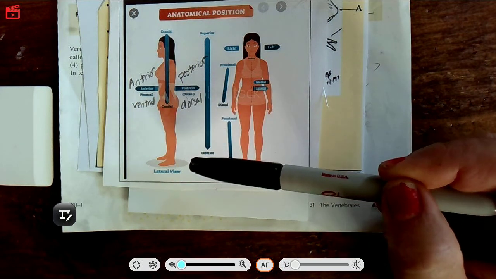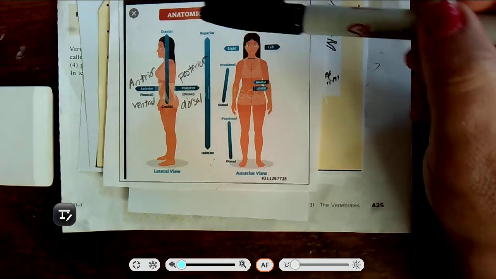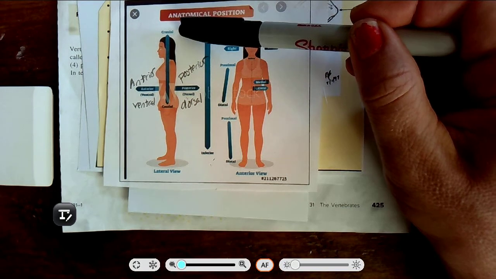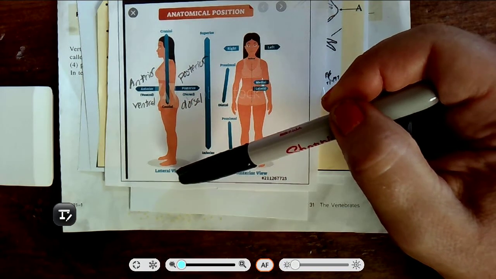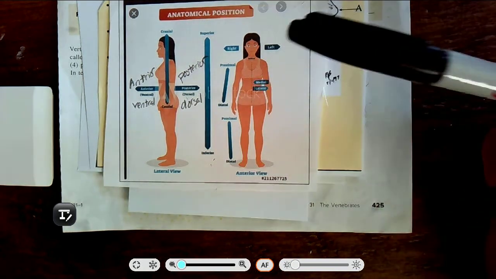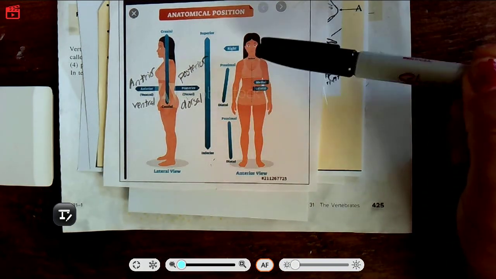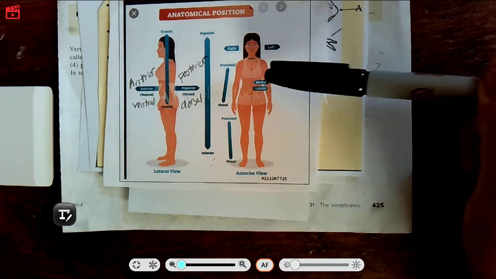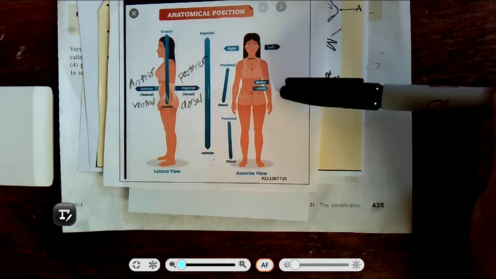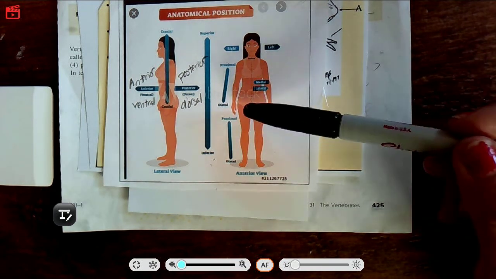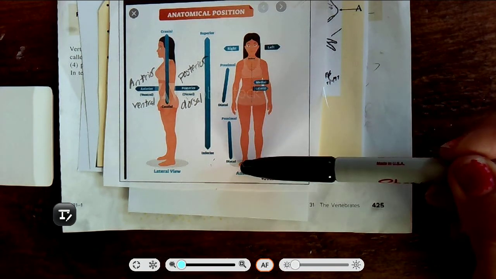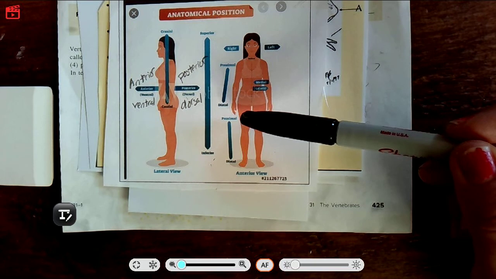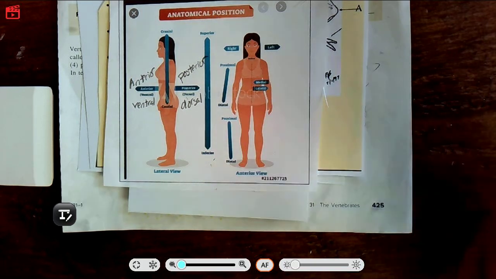We sometimes will hear superior, the top or cranial, and inferior or caudal, the bottom, the feet. We'll still hear medial, close to the midline, and lateral, away from the midline. Sometimes you'll also see the terms proximal and distal referring to a limb or an appendage. Proximal is nearest to the trunk and distal is furthest away.